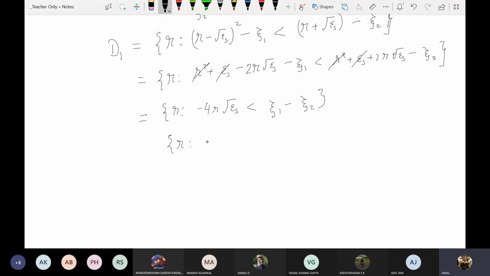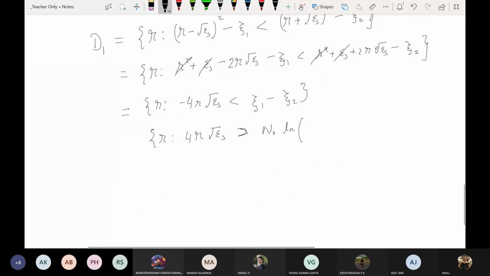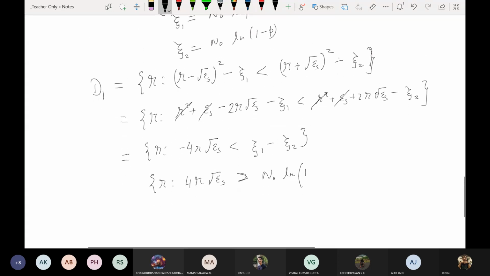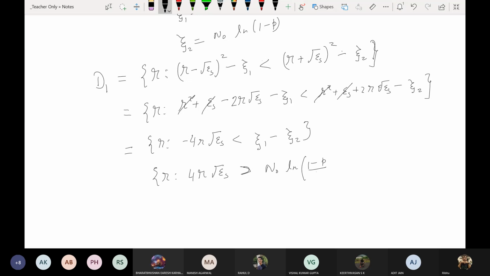So r such that 4r root E_s. When I take minus on both sides, this becomes xi 2 minus xi 1. Yes, sir.